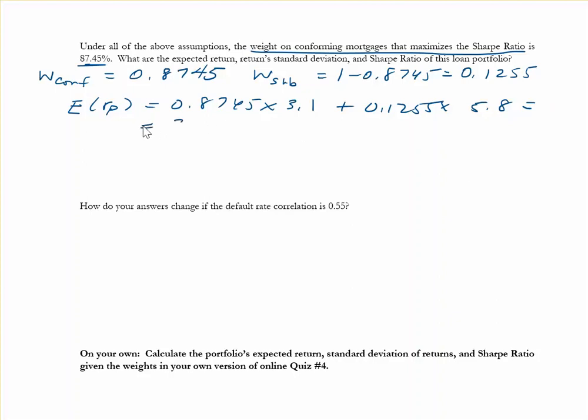And that gives us 3.4389% for the expected return. For the standard, well, first of all, for the variance.